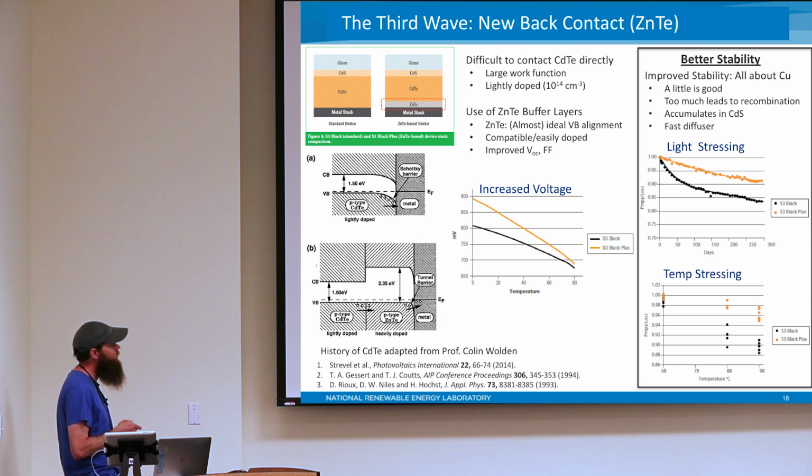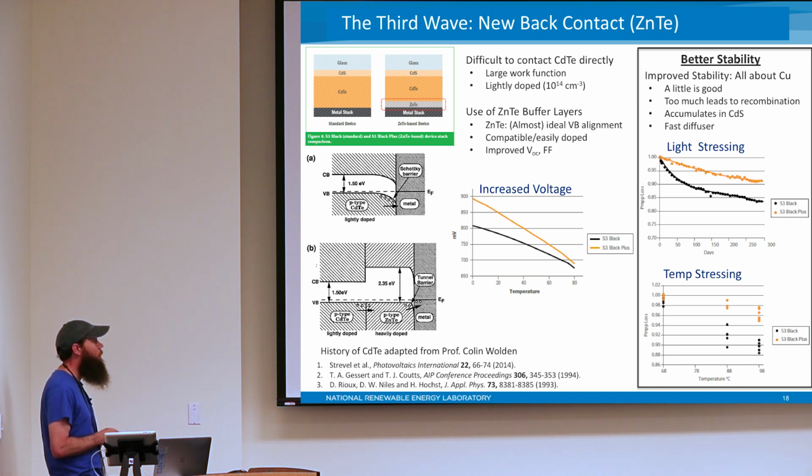So by putting zinc telluride in, as opposed to pulling things down and having this loss here, you can actually band match with the zinc telluride, and you have very small, so there's still a little bit of a barrier. This is not a perfect contact, but it is very good, and you can really minimize that loss, and there's a clear increase in voltage, and these are actually module efficiencies as shown by First Solar.